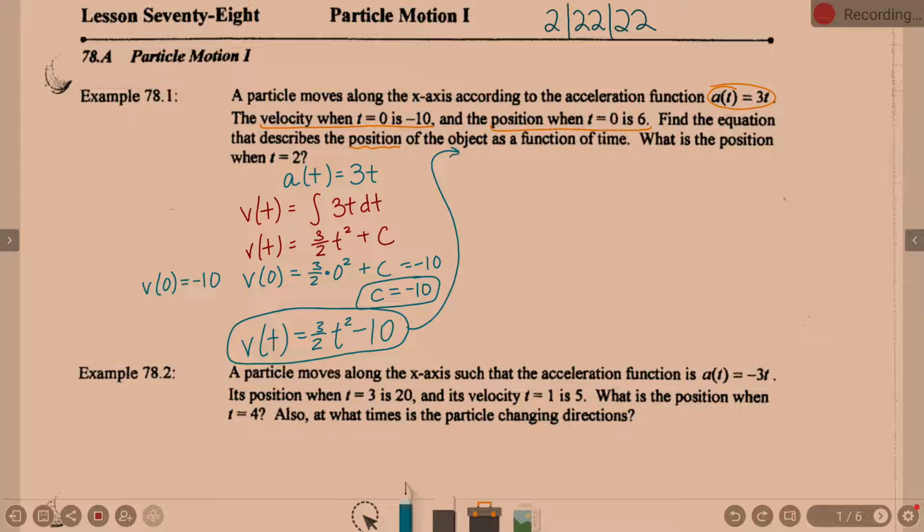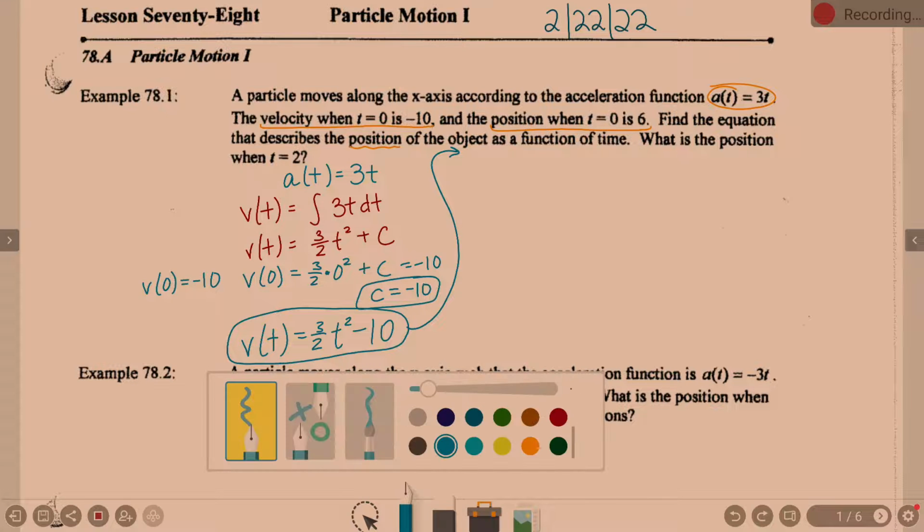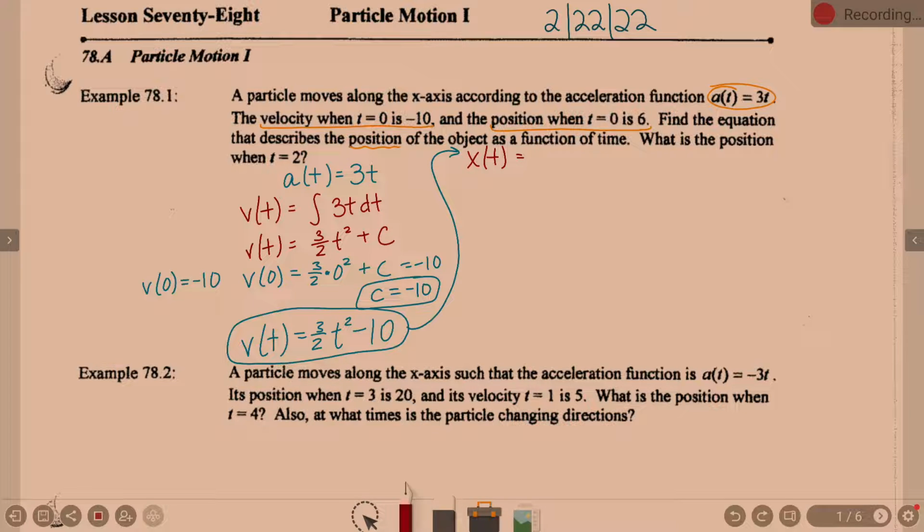Okay. We're trying to work ourselves to position, which in a situation like this, I tend to say x of t. Depends, sometimes it's x of t, sometimes it's s of t. But, so x of t. How are we going to find the position function? Okay, we're going to integrate velocity, so we're going to integrate 3/2 t squared minus 10 dt.